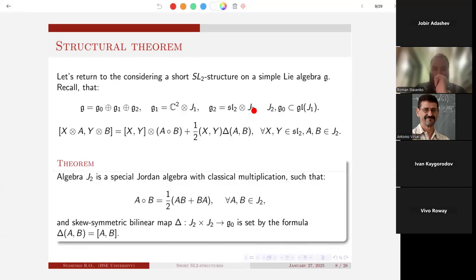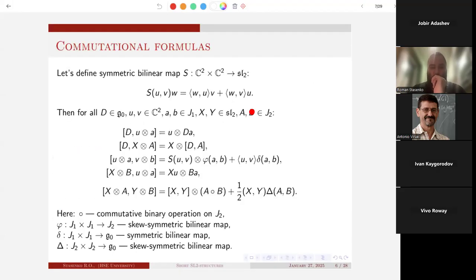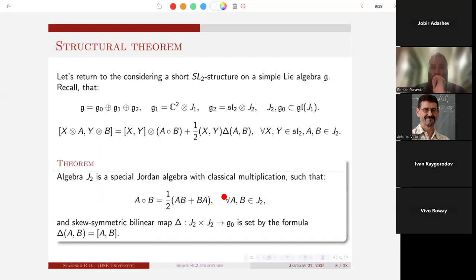G2 is a vector space for us, but it can be considered as a Jordan algebra with the multiplication, as you can see here. When we commute two elements, we get a commutative binary operation on G2, and this operation gives us the structure of a Jordan algebra on J2.